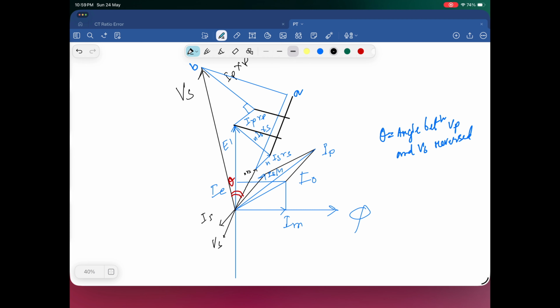Two perpendicular lines are there. So delta is equal to the angle between IS by N and NVS. So this angle will be delta.